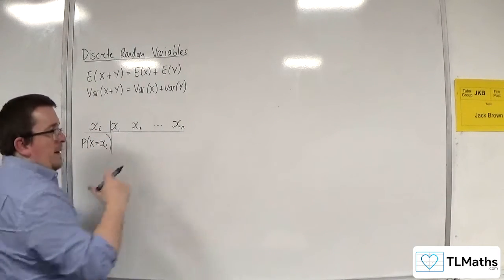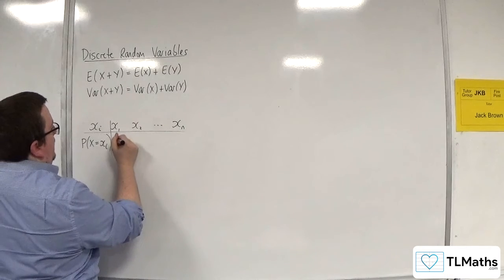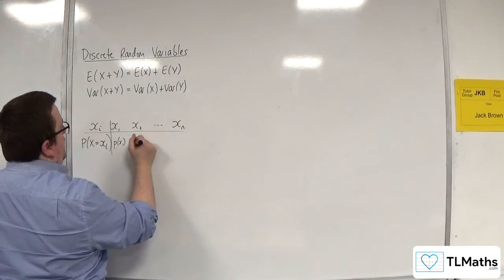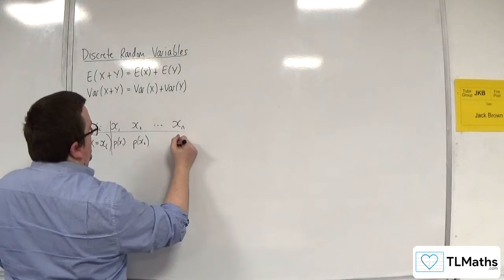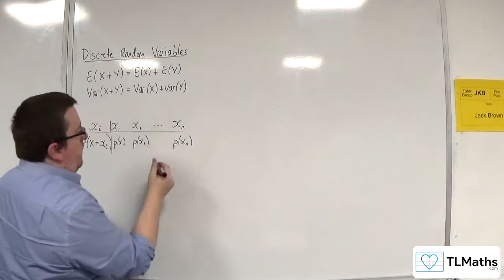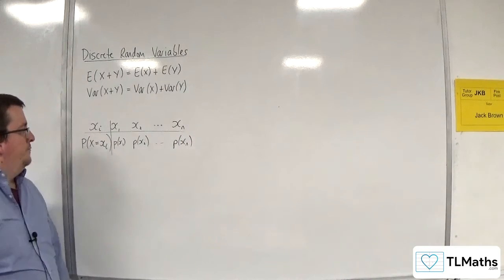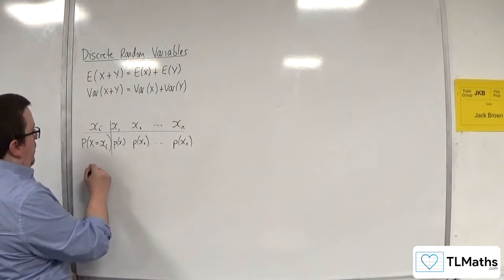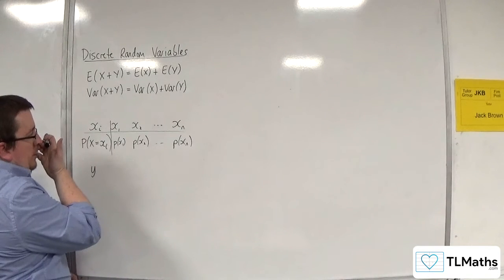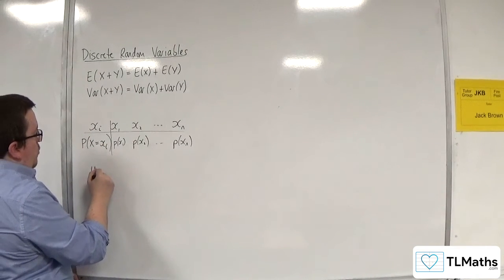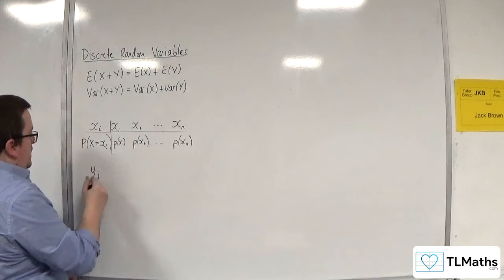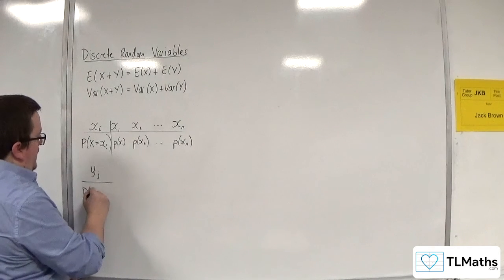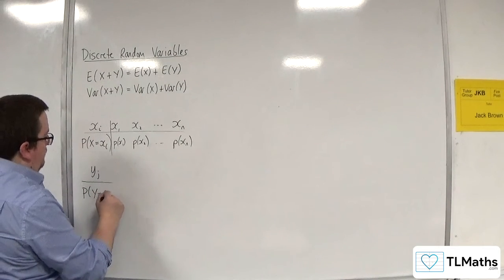And each of these will have a probability. So this will be the probability of x1. This will be the probability of x2. This will be the probability of xn. Okay? So I'm going to have one of each. So I'm going to have one for the y's as well. Let's use a different letter here. So yj. We're going to have the probability of capital Y being yj.